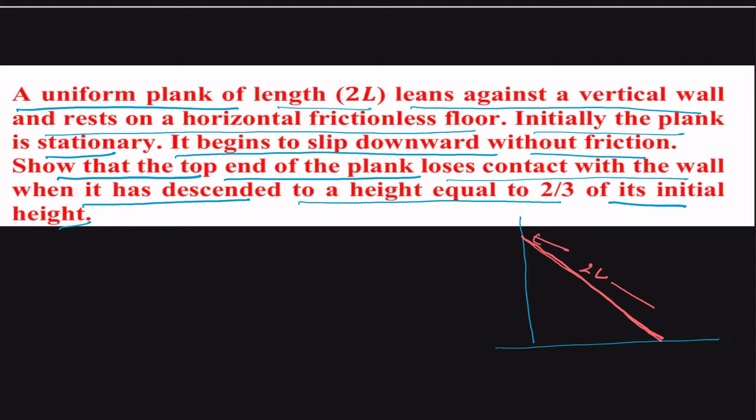It is entirely frictionless, initially stationary, and it is going to slip downward, so this end is going to move like this. We have to find out when it loses contact, which is when the height is 2/3 of its initial height.